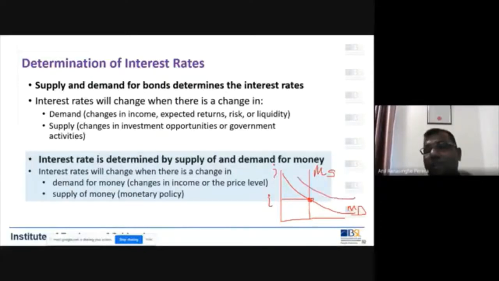If money demand increases, interest rate changes. If money supply is increased by the central bank, interest rate changes. So this is simply the Keynesian way.